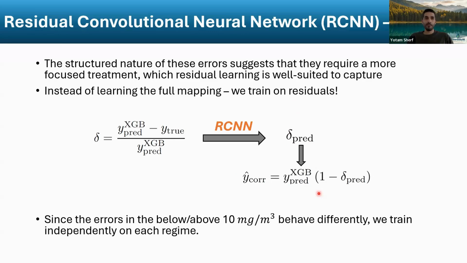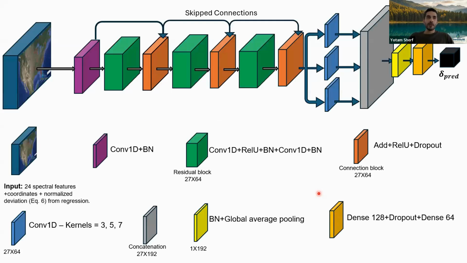Now, since the errors behave differently in these two regimes, we train independently on each regime. This is the RCNN architecture, which employs a ResNet-like architecture, where we have the skip connection that allows you to train and to be more sensitive to small deviation.